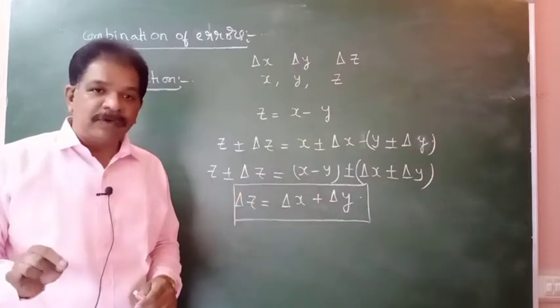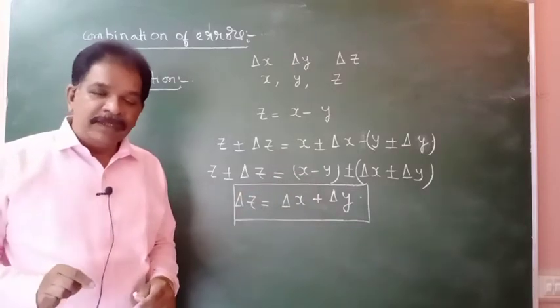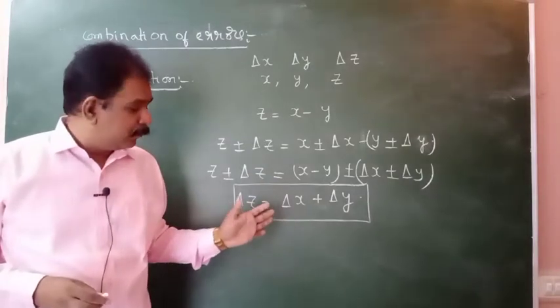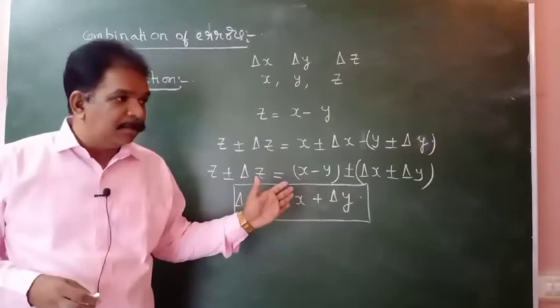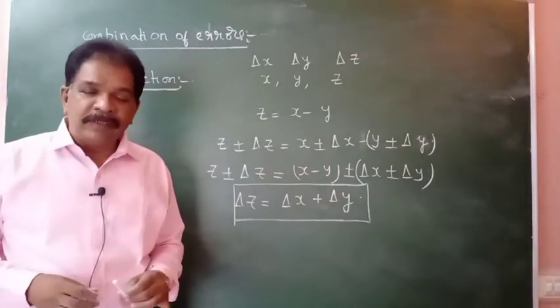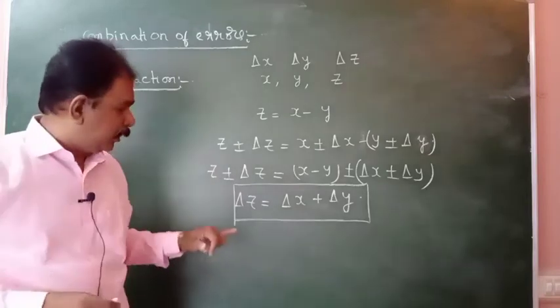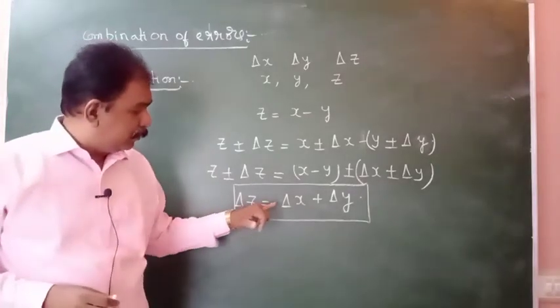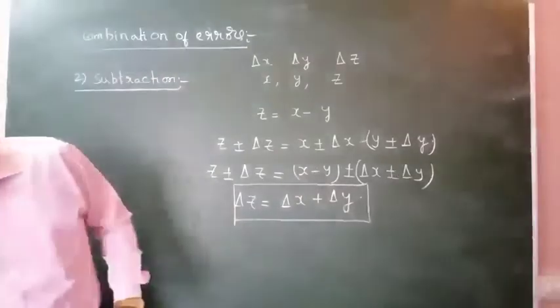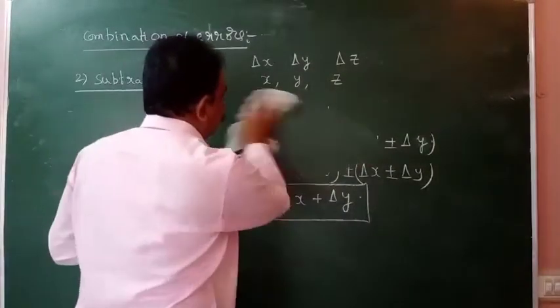So what you have to understand: in addition or in subtraction, when they ask you to calculate the maximum possible error, you have to take plus only for the errors. Clear?